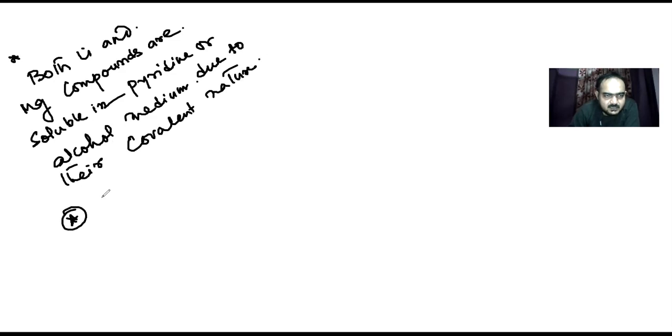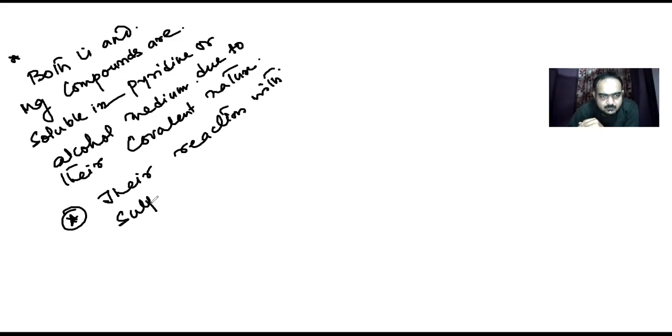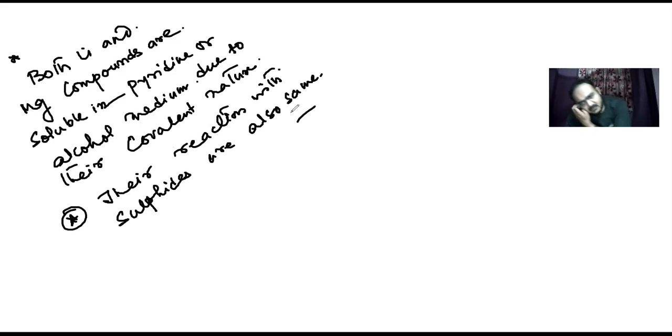Next, you can see their reactions with sulfides are also the same. So these are some of the properties of the diagonal relationship of lithium and magnesium.